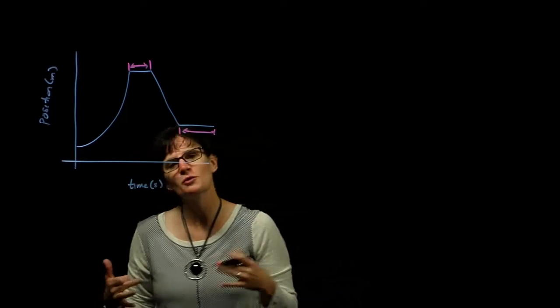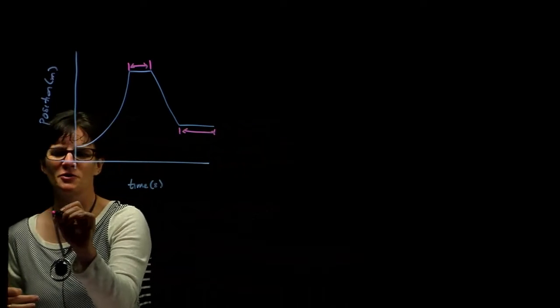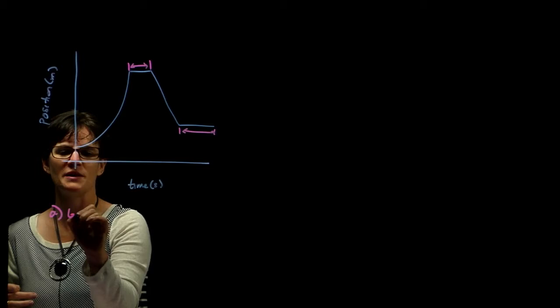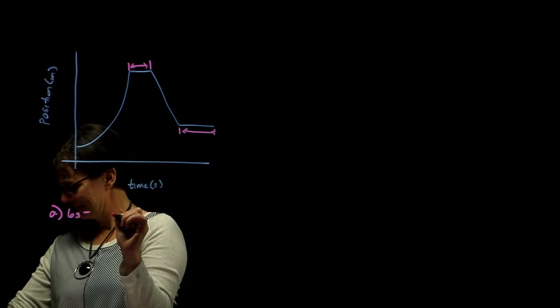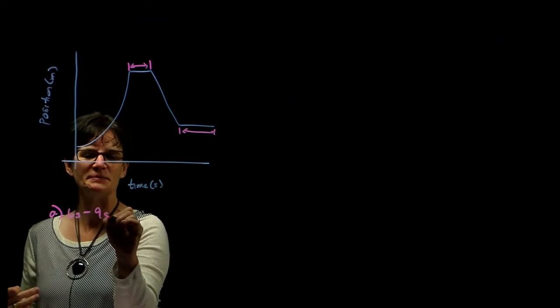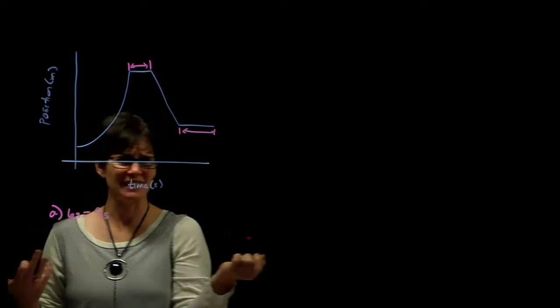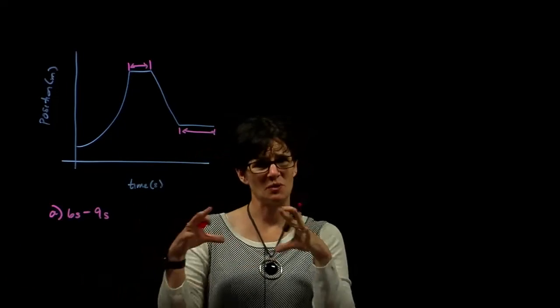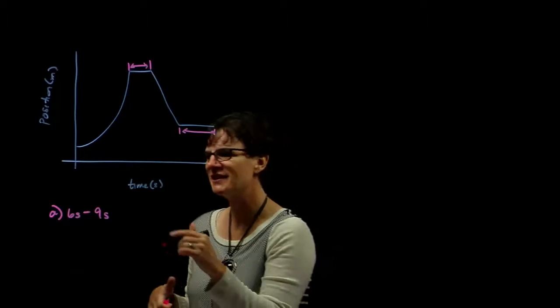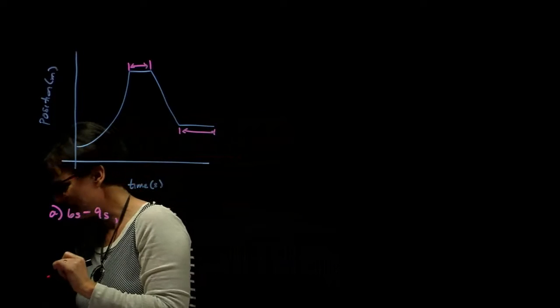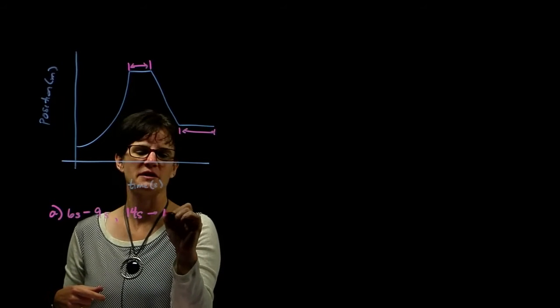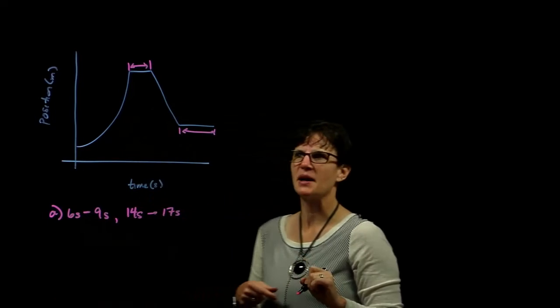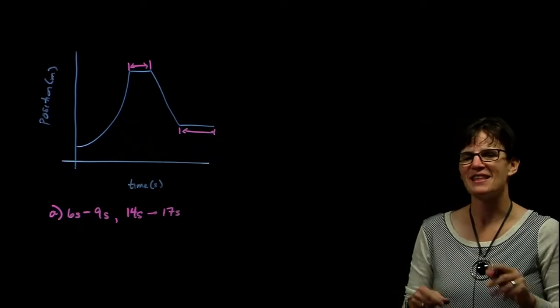So those two time points are between 6 seconds and about 9 seconds, and you can look at your own graph because I didn't put axes on here. And again, starting at about 14 seconds to the end of the graph, which is about 17 seconds. Okay, so that's our position that isn't changing.